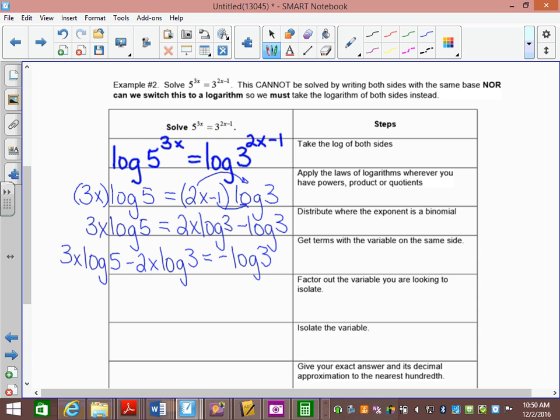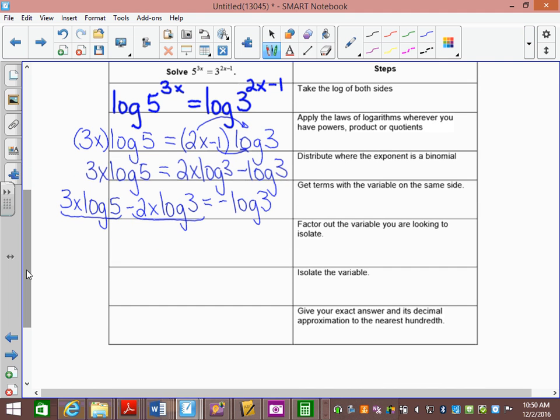Now, this is one term connected by this term with a minus sign, correct? What can I take out of both of them? An x. I can take an x out of both of these terms.